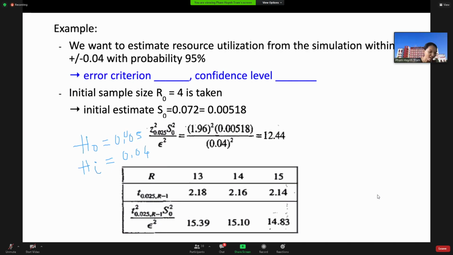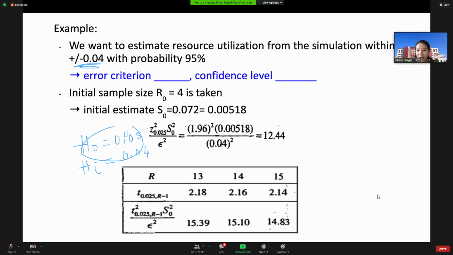Our initial half width is already very, very small compared to what we want, so we are more than meeting our expectation. So using this equation is sometimes not good enough.